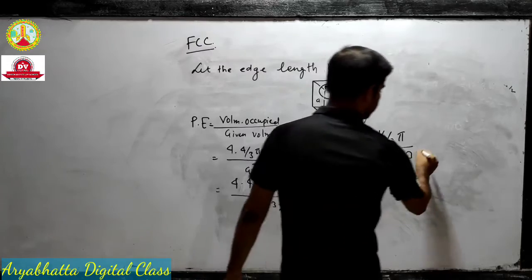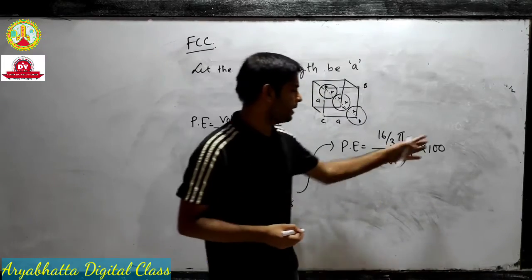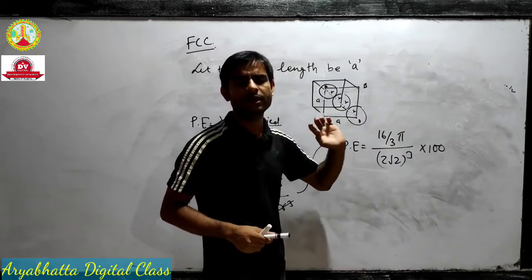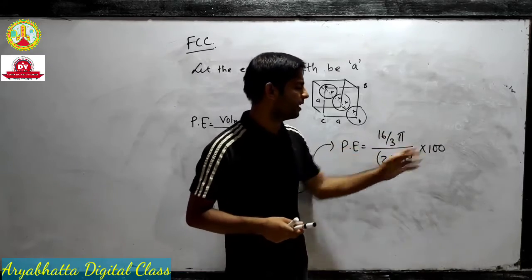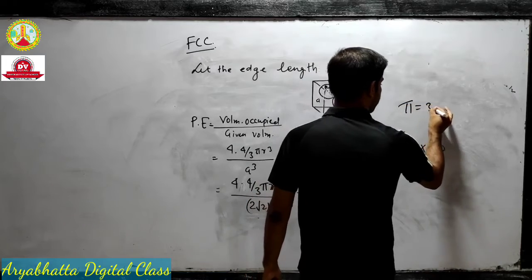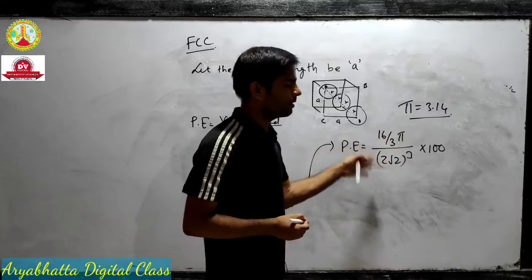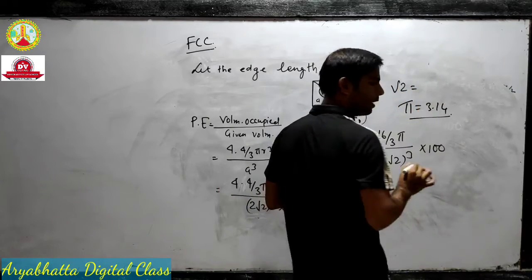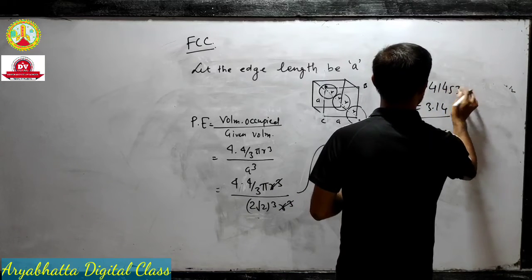Now if I take the percentage, if you do the simple algebraic calculation, use your calculator or just use simple multiplication and division, you will see the value of pi is 3.14. Just put these values and try to calculate it. What is the value of root 2? Root 2 has a value of 1.41452135.